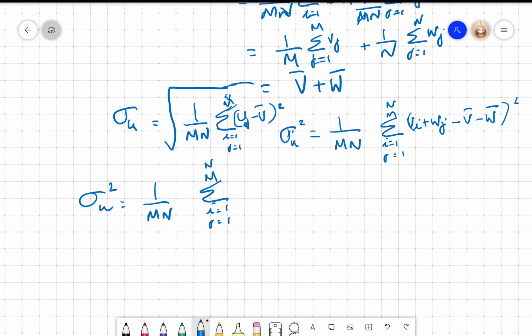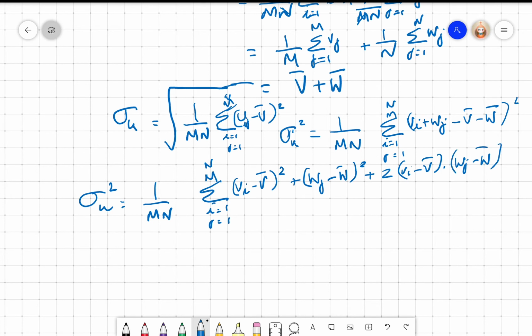This I am going to write as Vi minus V bar whole square plus Wj minus W bar whole square, plus 2 Vi minus V bar into Wj minus W bar, right?